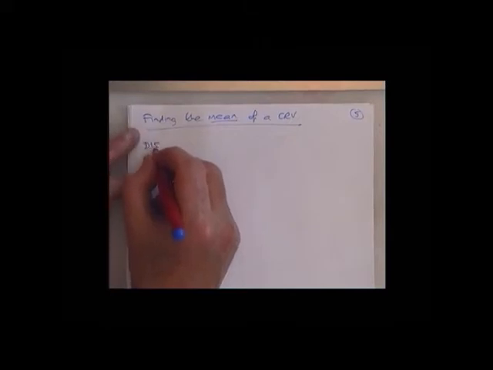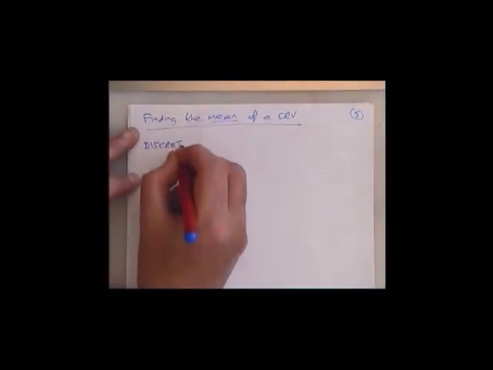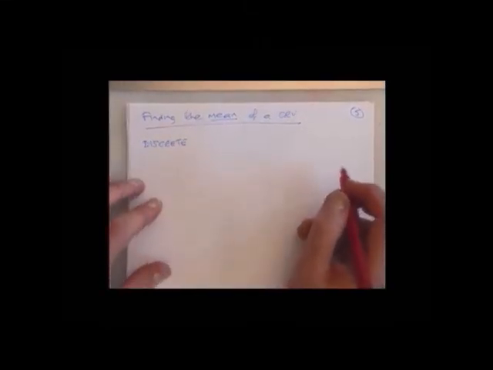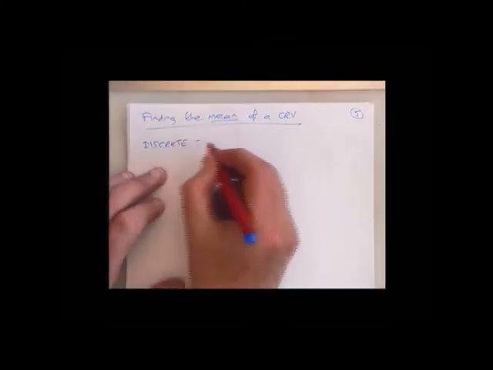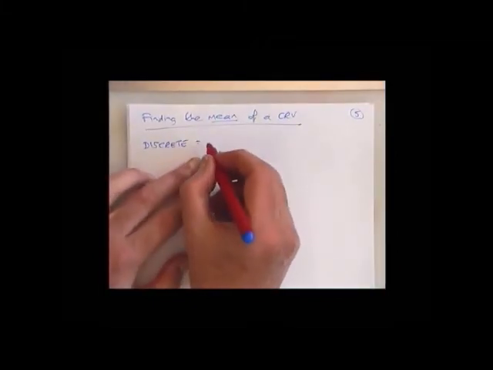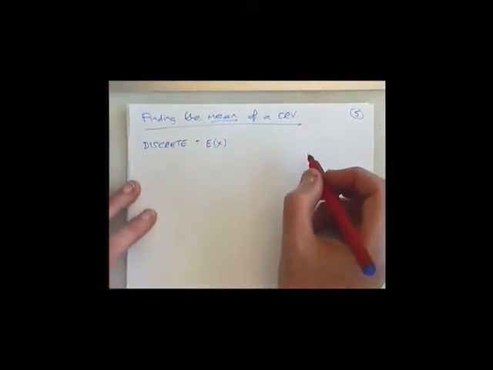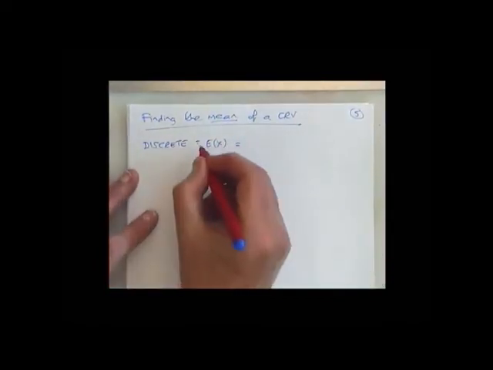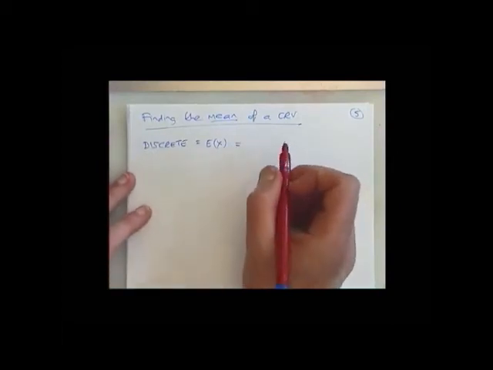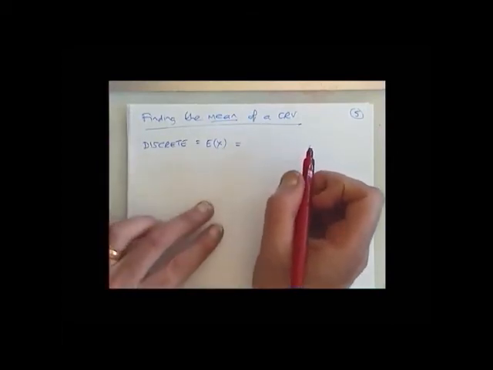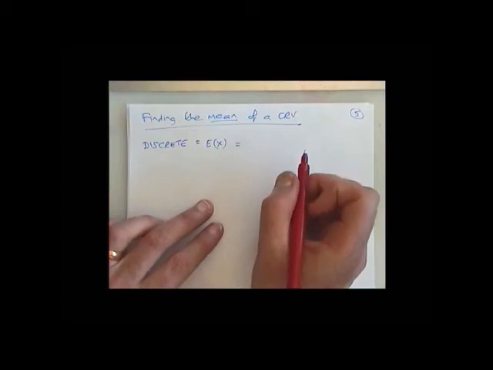Okay, next we're looking at finding the mean of a continuous random variable. Before we do that, I want to take you back to the work you did in S1, where you were looking at discrete data. You used some notation for the mean, that the mean was the expected value of x. What was your formula for the expected value of x from a discrete probability distribution?